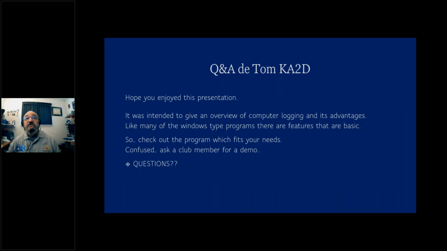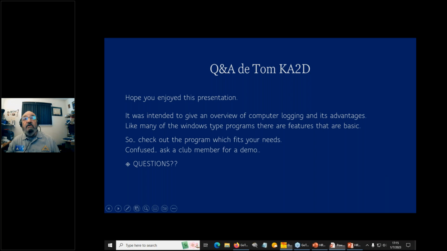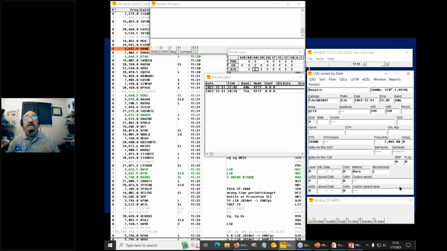Okay, what I'm going to try to do now is bring up my particular program, and hopefully you can see this. This is my DX for Win. On the right-hand side is the window for inputting your log.